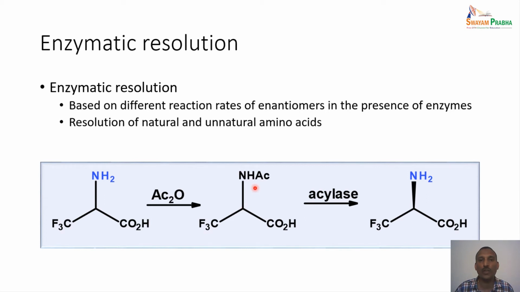The other isomer cannot fit. We will be studying that in the coming few lectures. The isomer which fits in the enzyme pocket is hydrolyzed very easily, and we end up with 100% of one isomer. So this racemic mixture is now converted to the chiral isomer.